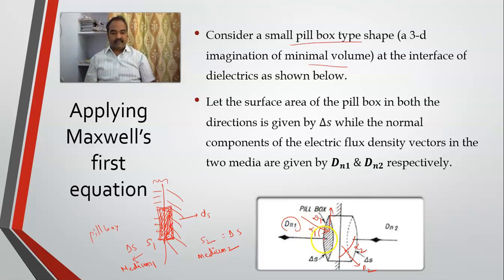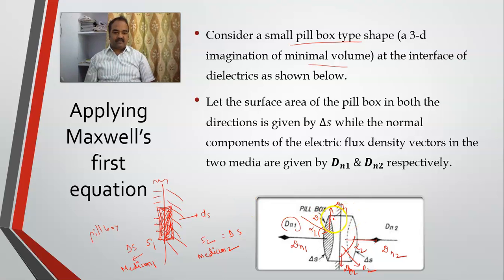I am dividing it into two components: this is Dt1 and this is Dn1, and here also I am dividing it into Dt2, the tangential component, and Dn2, the normal component. So these D1 and D2 are now divided into these two components. Now applying Maxwell's first equation, it states that the normal component of electric flux density vector over the closed surface is 0, isn't it?